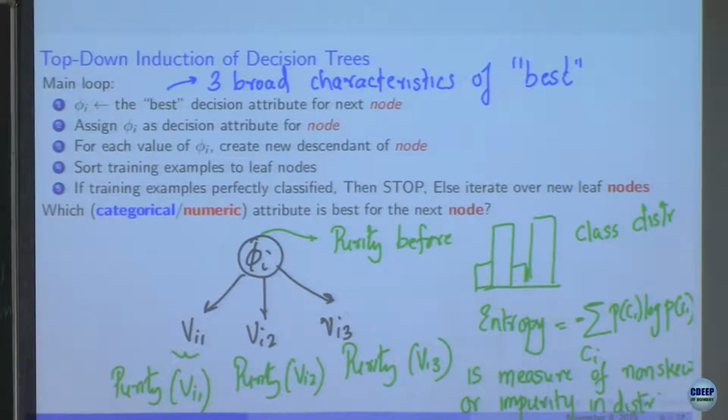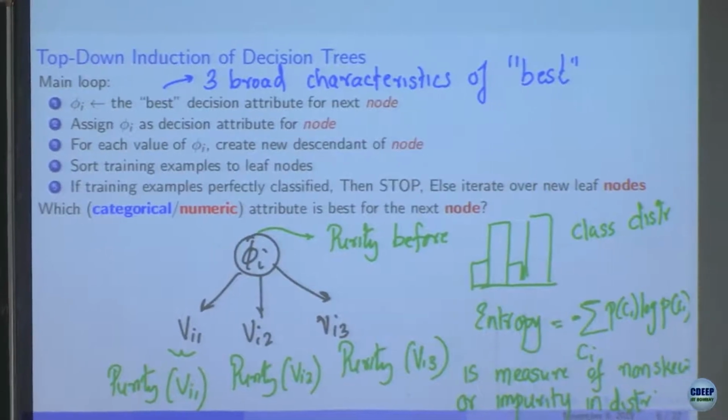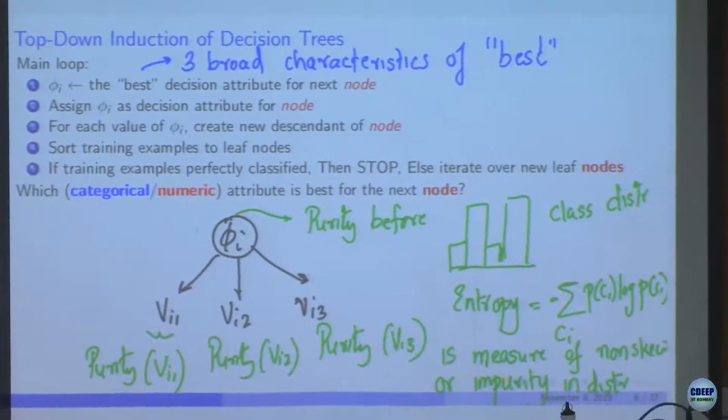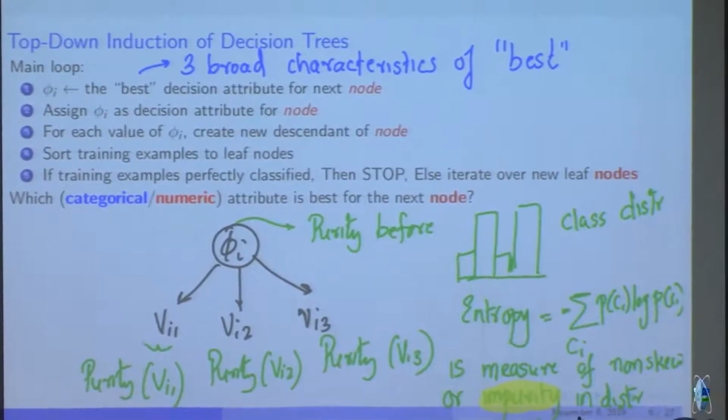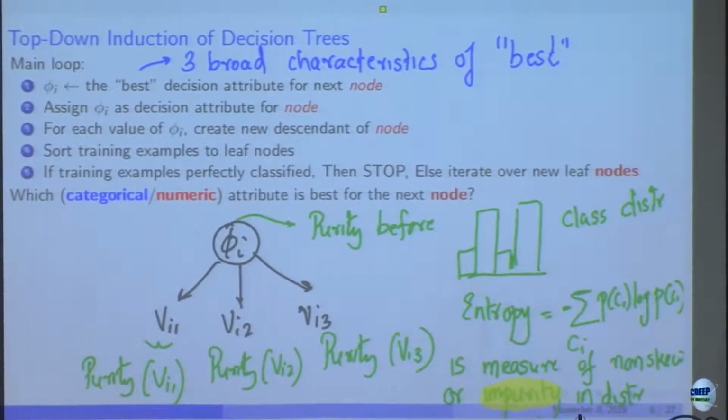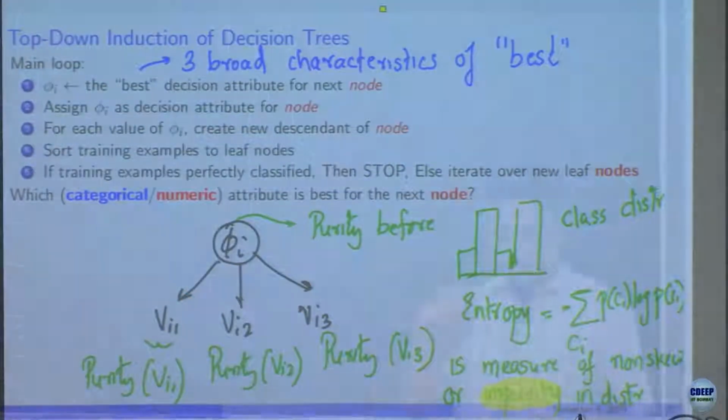So entropy is a measure of impurity, not really purity. So you'll have to take its negative. And we'll see two other measures, but negative entropy, you see why it's a measure of purity.